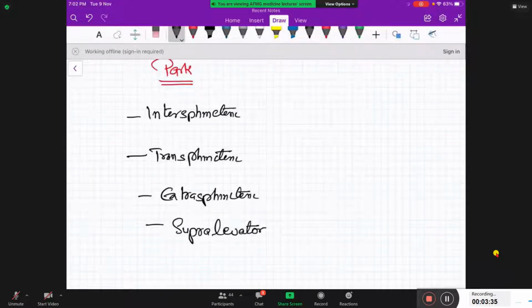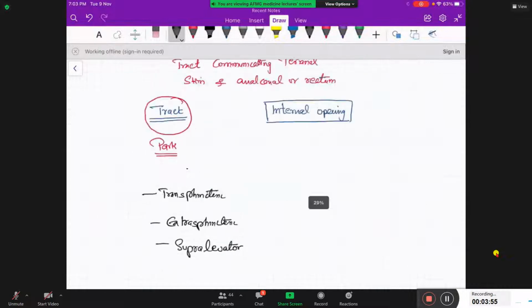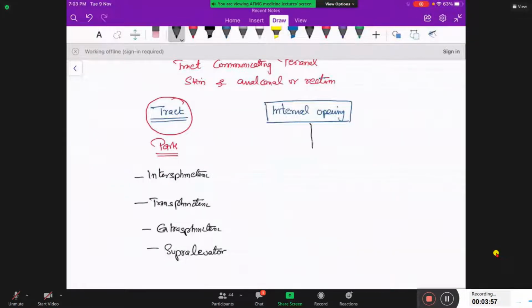On the basis of the tract, the fistula in ano is divided into intersphincteric, transsphincteric, extrasphincteric, and supralevator.